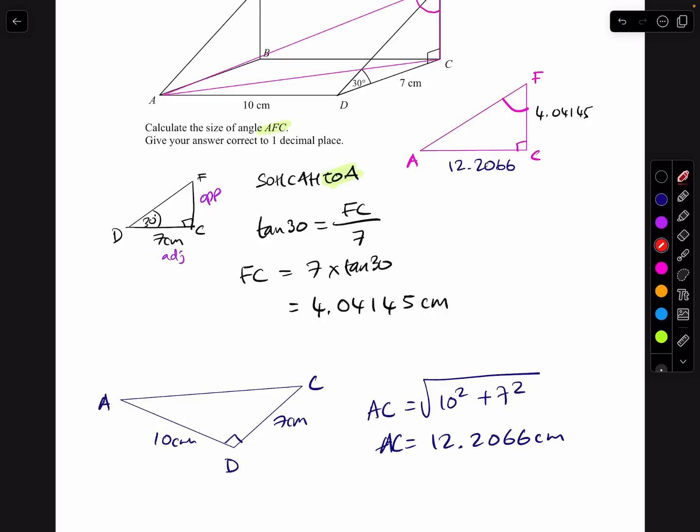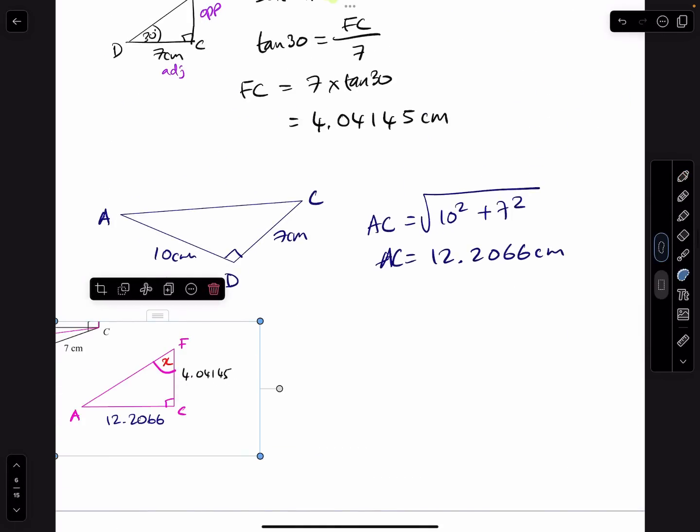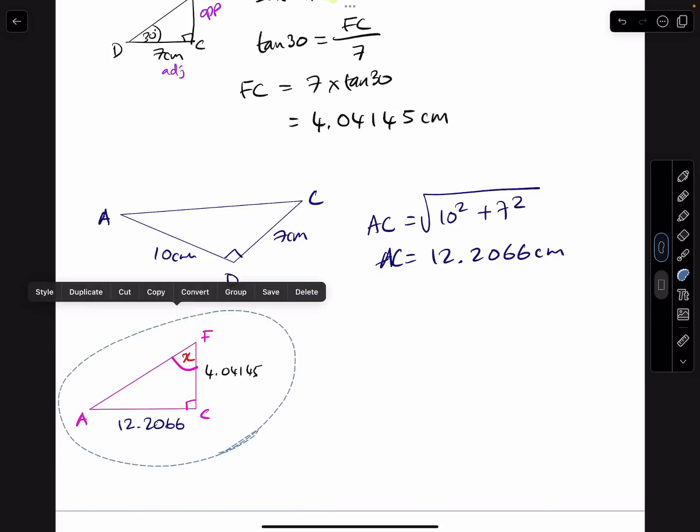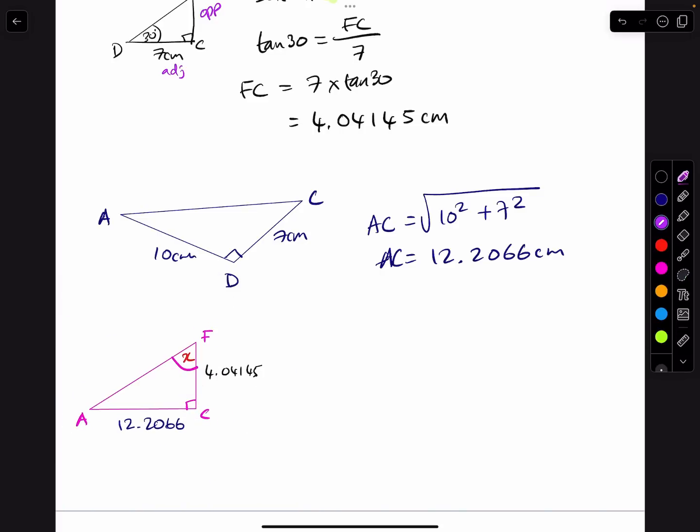This is what I have. Now I can find my angle X. So let's bring this here and find X. So we need to label it first. So this side here would be opposite. This side here would be the adjacent, and I'm using tan again. So tan X is equal to opposite, which is 12.2066 over adjacent, which is 4.04145.